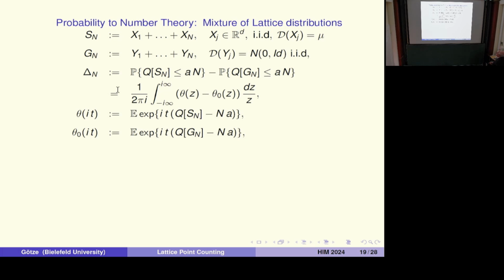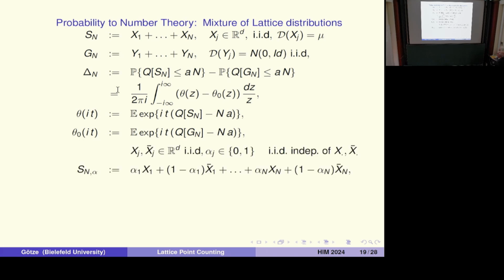We integrate, represented by a difference of Fourier transforms, just as with the theta functions we had before. And now we do a trick, which at first looks very stupid in some sense. We use the IID symmetry, independence and identical distribution.